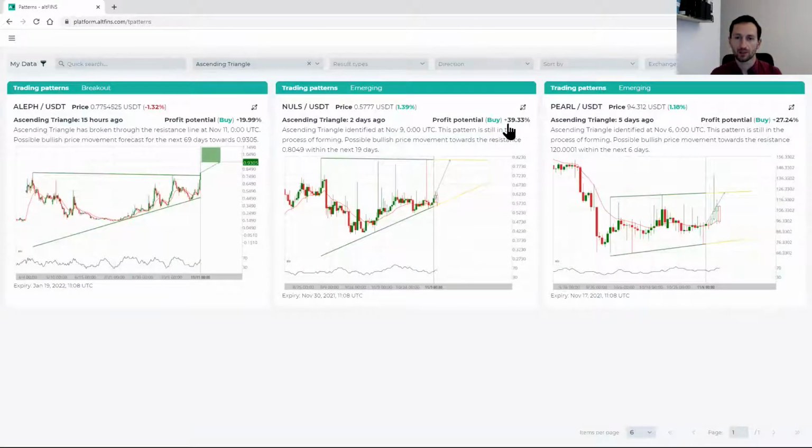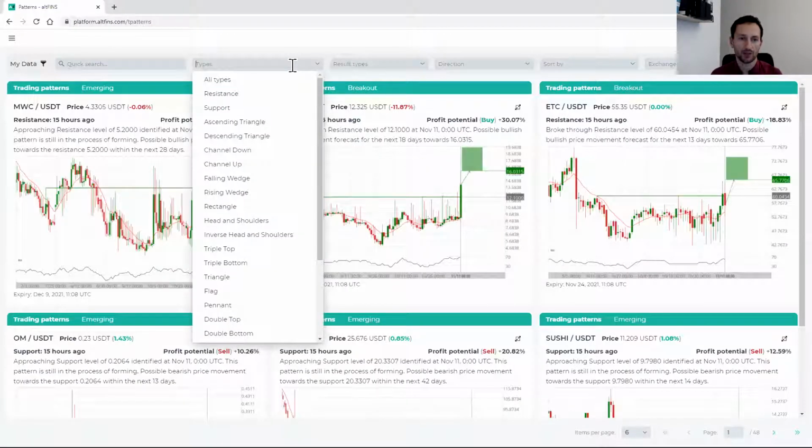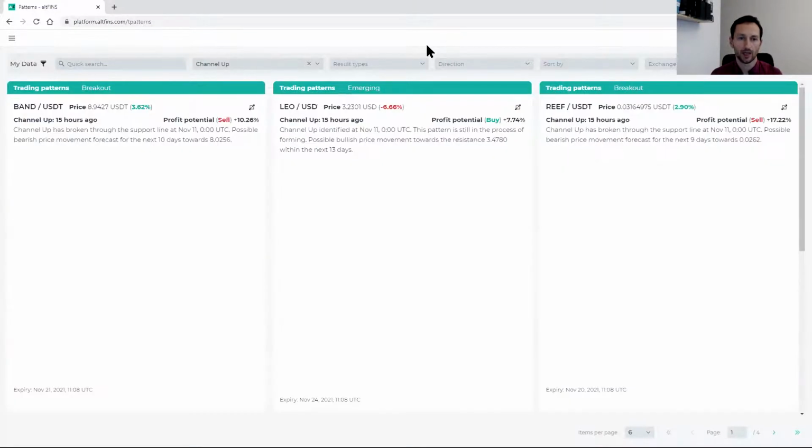But in this case, we're looking at a potential profit of 39%. So that's the difference between emerging and completed patterns, and that is the same with any other pattern that we have. Really, you have emerging ones and breakouts.